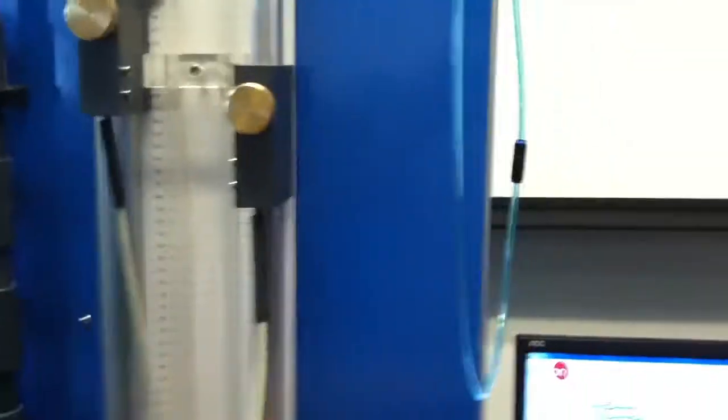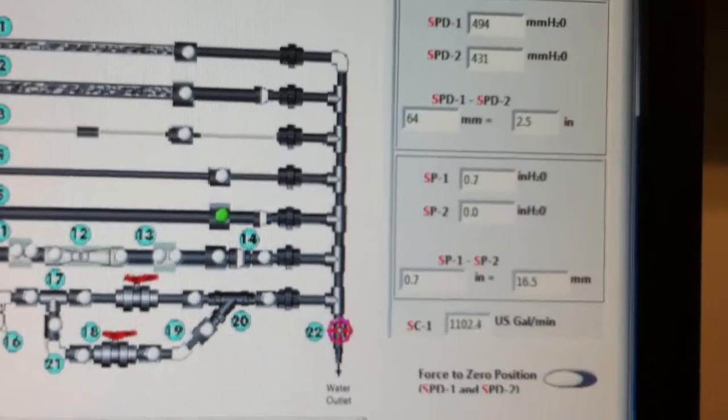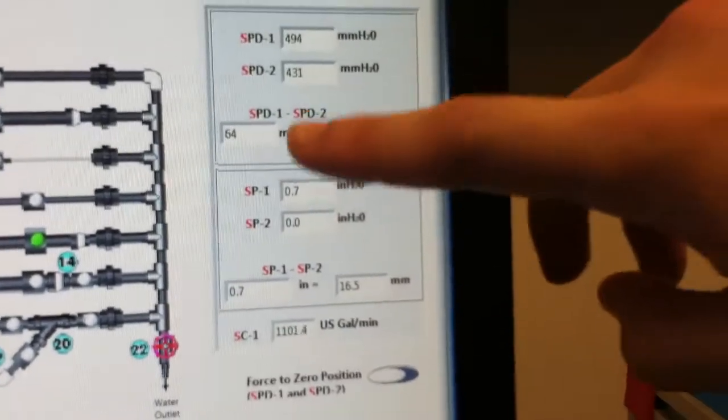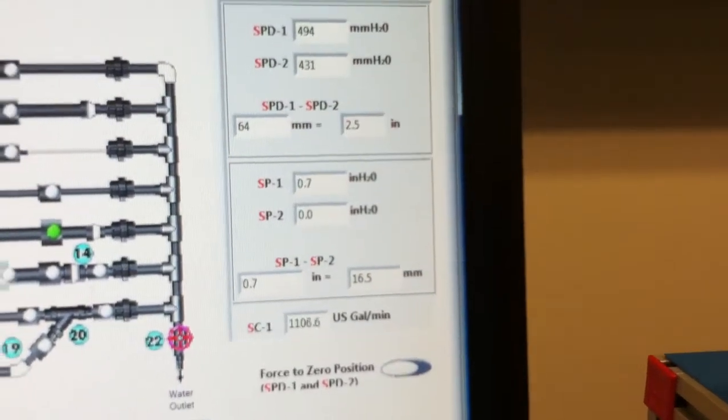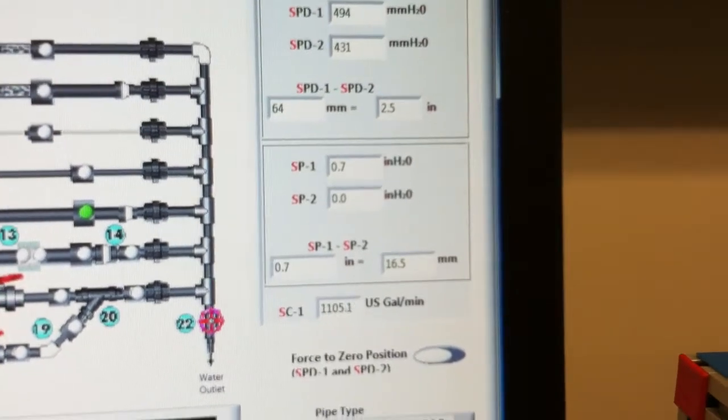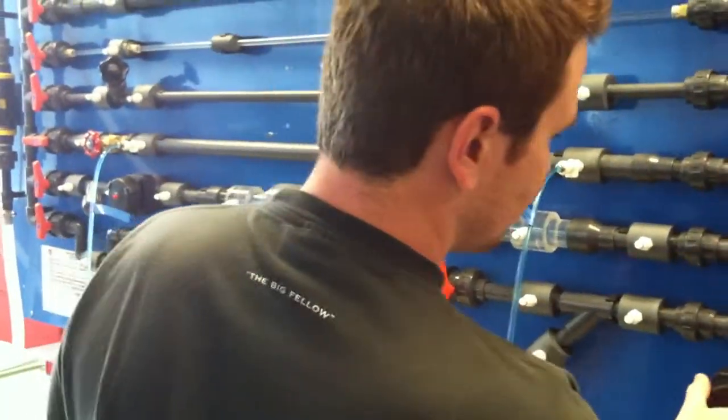And you read that, it gives a reading on the computer. And so this reading right here, the 64 millimeters, is P1 minus P2 over gamma. Also your head loss. And you just do that 5 times.